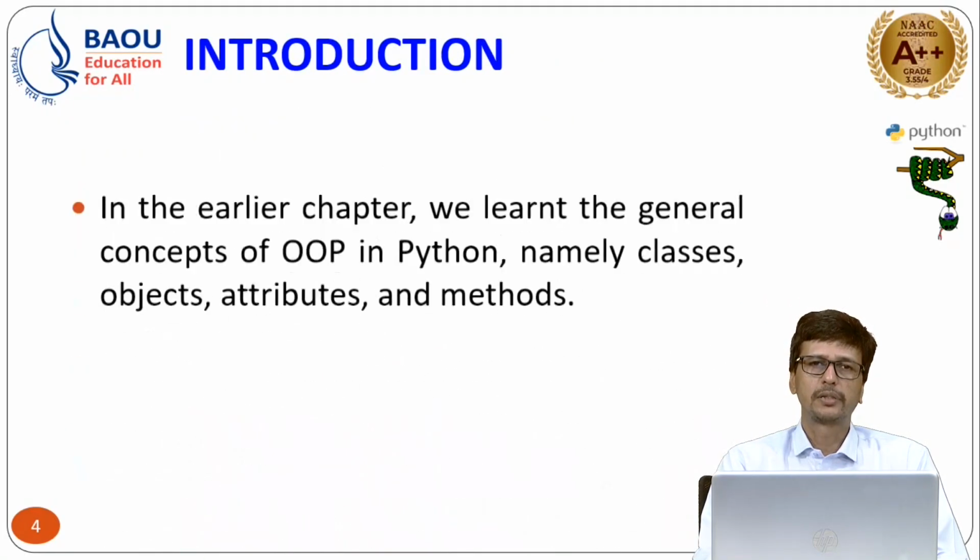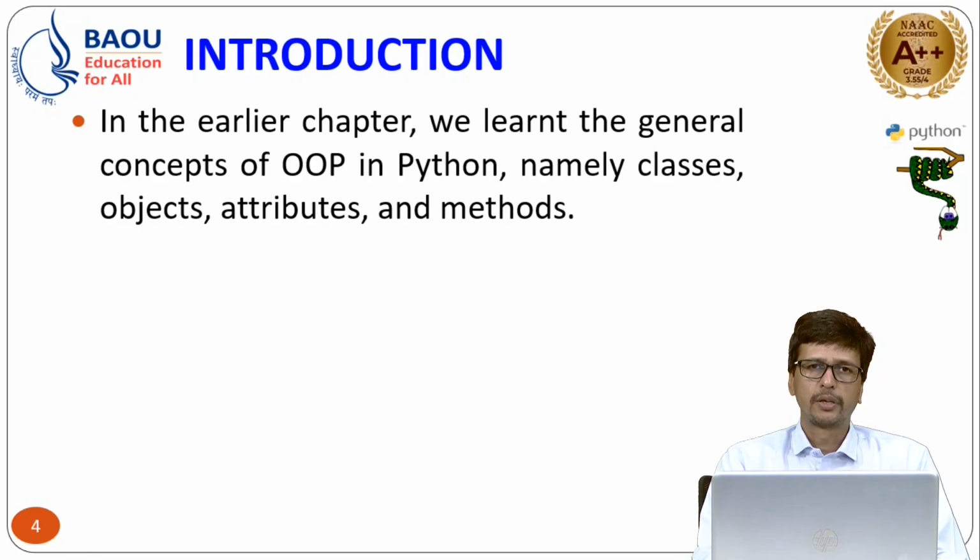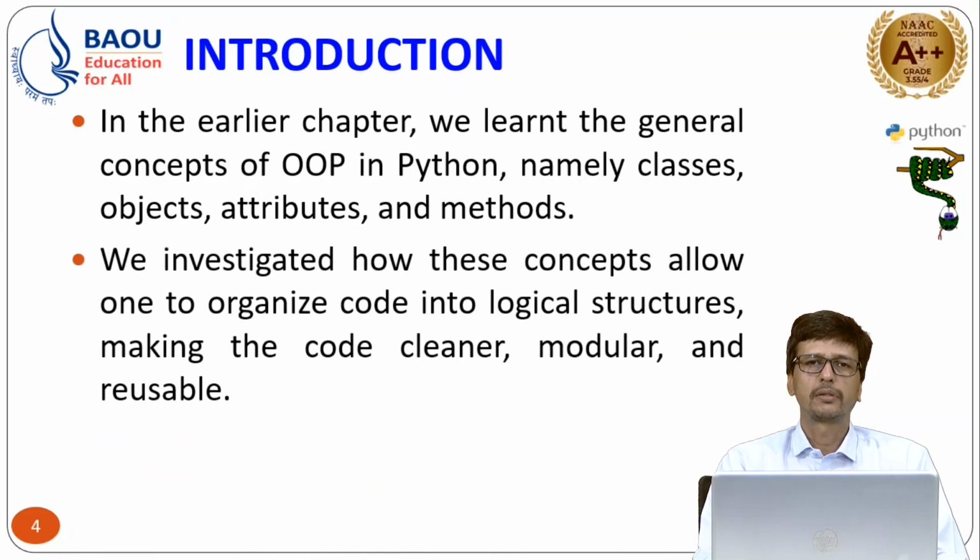Now we'll start with the introduction. As we have already discussed in all the previous sessions, we have seen basic fundamental features of object-oriented programming. We have seen objects, we have seen classes, and with the help of these objects and classes, how our Python code can be modularized, can be clear, and can be reusable.